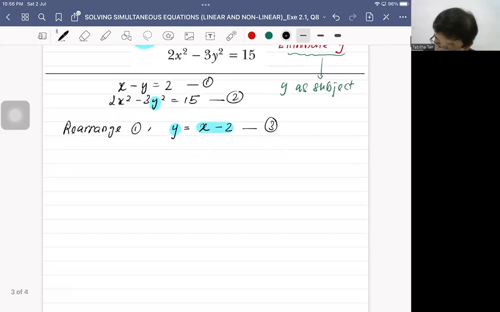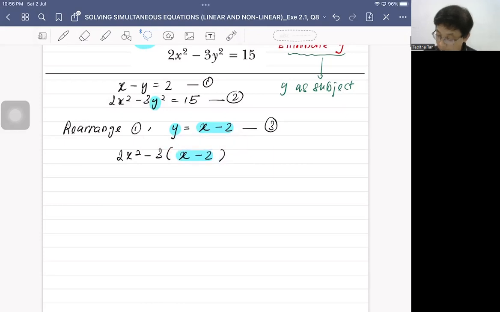Okay, let's move on. So we're going to have this as, let's give a blank space there. So 2x squared minus 3. So this is where the y is going to be substituted. So just to display, copy this expression and put it inside the place where y is.